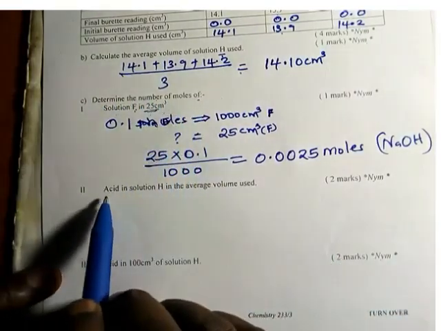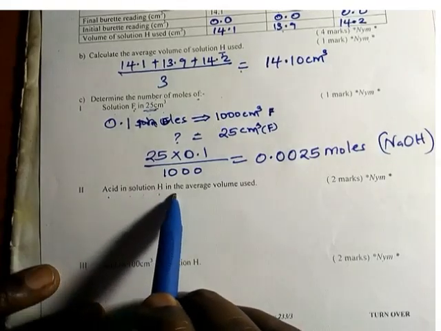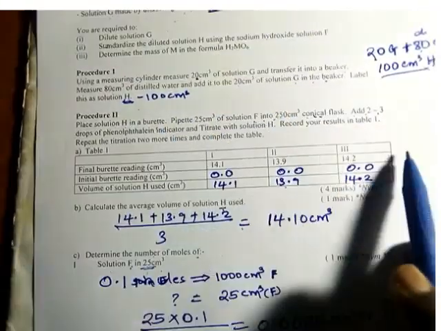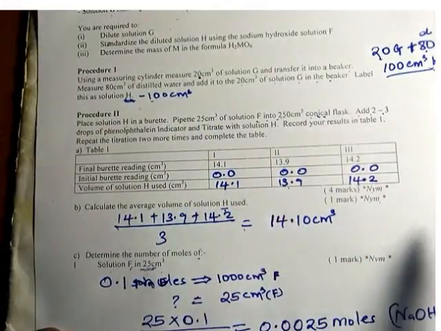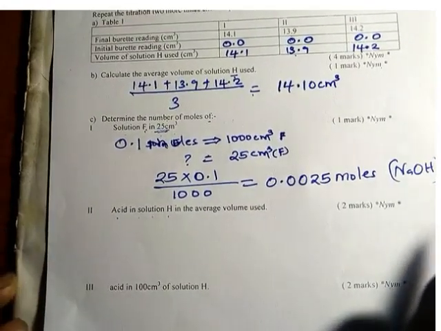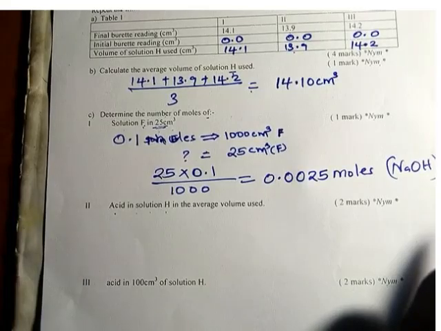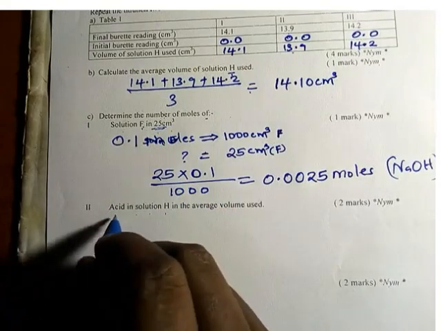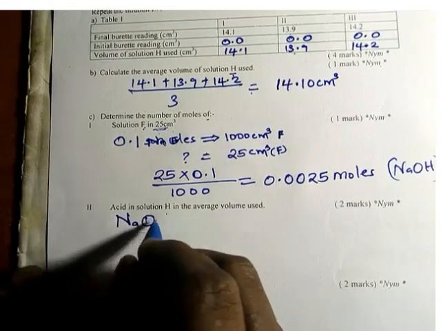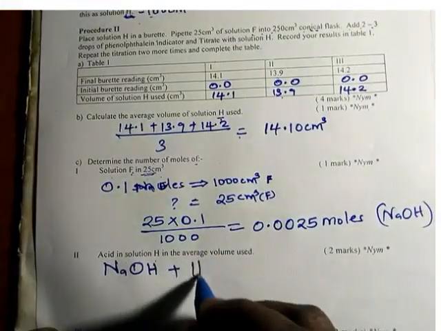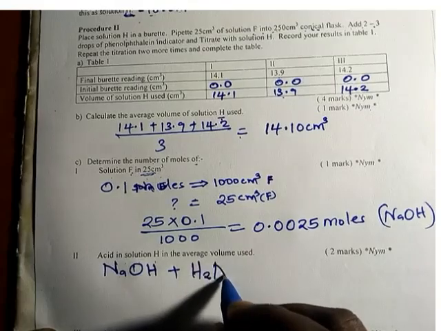Determine the number of moles of acid in solution H in the average volume. Remember, we don't know anything about H at all. We only know the volume. So for us to know some information about H, we must write the reaction between H and F. F is sodium hydroxide, and it reacted with H, which is H2MO6.